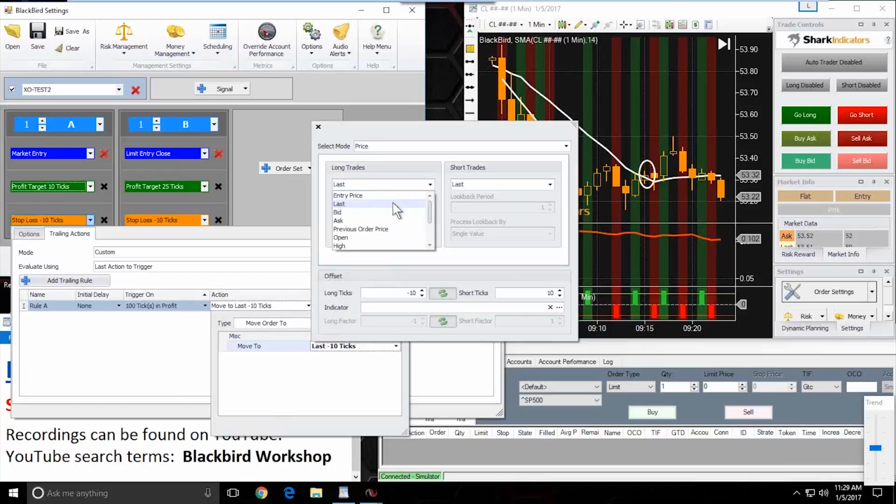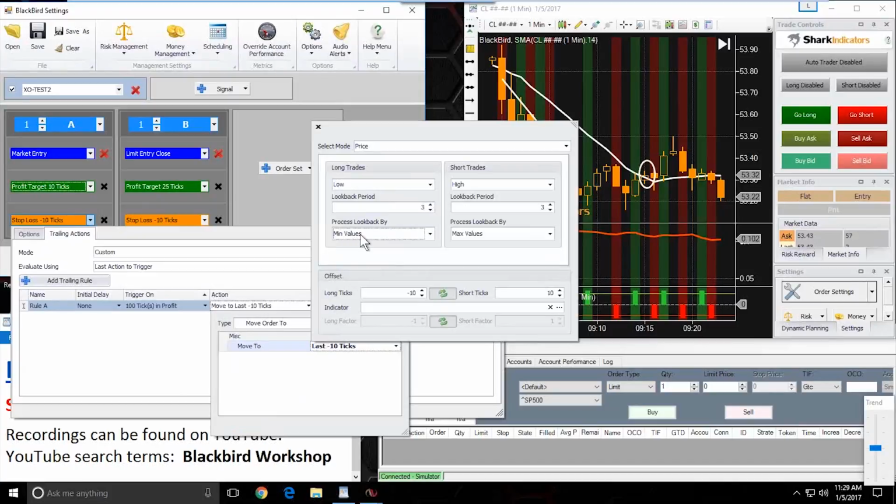You could trail your stop loss using other price data. So say we're in a long trade, you could use the low of the bar. You could say, whatever the low of the last bar was, minus 10 ticks, right? Or you could say, look at the low of the last 3 bars and use the lowest low.